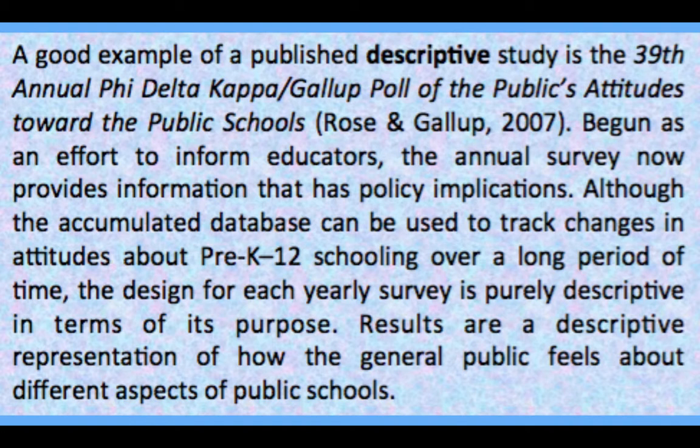Although the accumulated database can be used to track changes in attitudes about pre-K to 12 schooling over a long period of time, the design for each yearly survey is purely descriptive in terms of its purpose. Results are a descriptive representation of how the general public feels about different aspects of public schools.